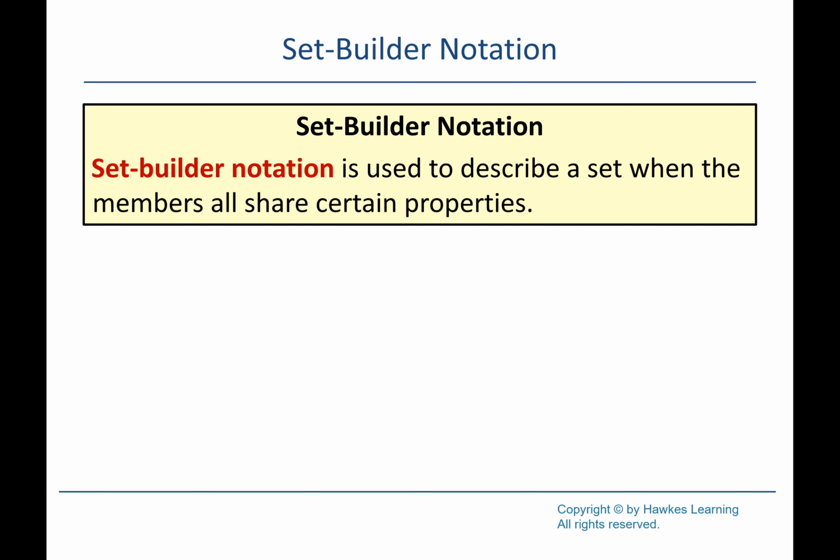So maybe we want our set to be all the even numbers. We can't even list all those out because we would just list forever. You can always just go to the next number.